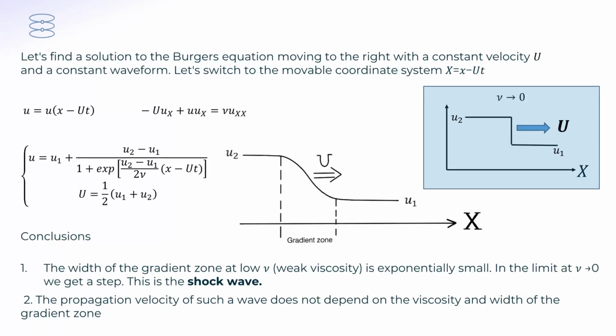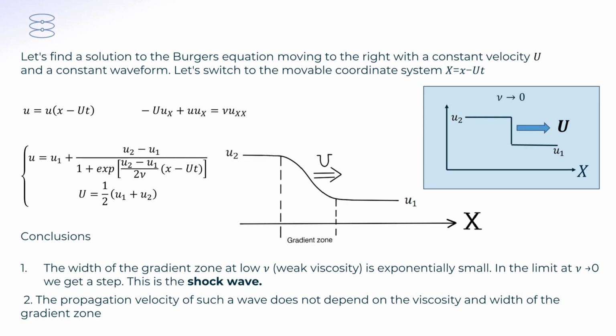Let's find a solution of Burgers equation moving to the right with a constant velocity u and constant waveform. Let's switch to the movable coordinate system. You can see this x is a movable x, but this one is not movable.